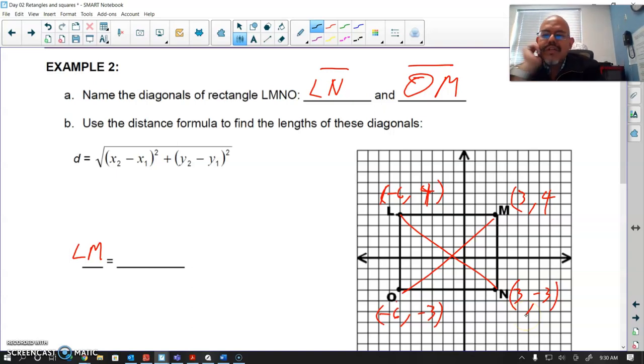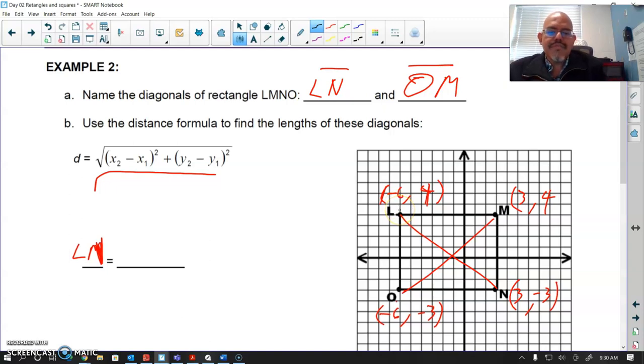I'm going to do that real quick. The first one, we're going to do LN. LN, yeah. I don't know why I put LM. Okay, so that's going to be negative 6 minus 3 squared, plus 4 minus negative 3 squared.